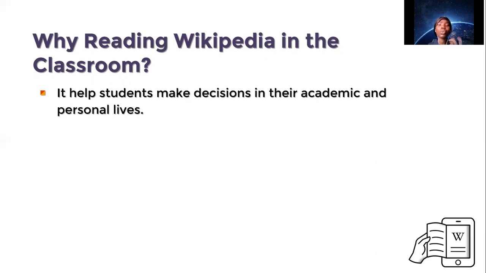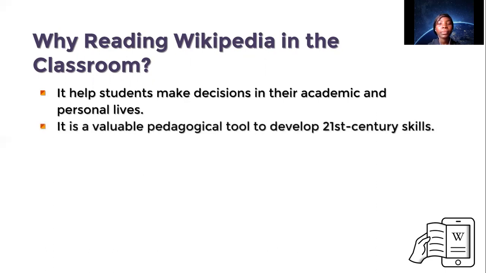This is where Wikipedia comes into play, because it helps students make better decisions in not only their academic life, but also their personal lives. Again, Wikipedia is a valuable pedagogical tool to develop 21st century skills. That is the more reason why we need Reading Wikipedia in the Classroom for all teachers in Nigeria.